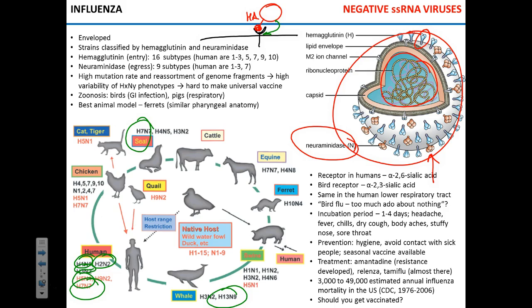The problem is that different hemagglutinins and different neuraminidases all induce an immune response, but those immune responses are not cross-reactive. Do you understand the idea of cross-reactivity? No? Let's talk about it.